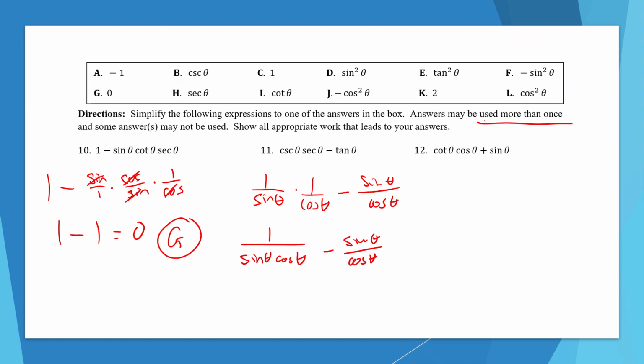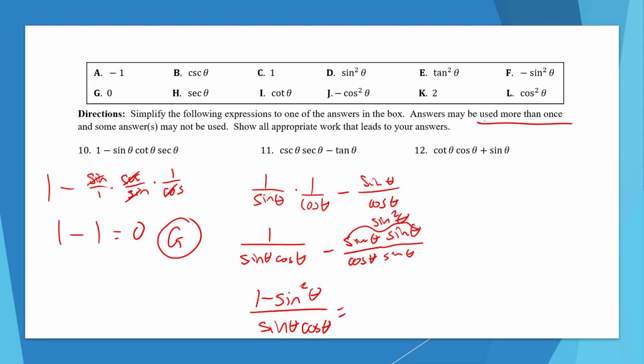So to be able to subtract fractions, we want a common denominator. And so to do that, we're going to need this denominator to be cosine times sine. So I'm going to multiply both sides by sine theta to get 1 minus sine squared theta over sine theta times cosine theta.